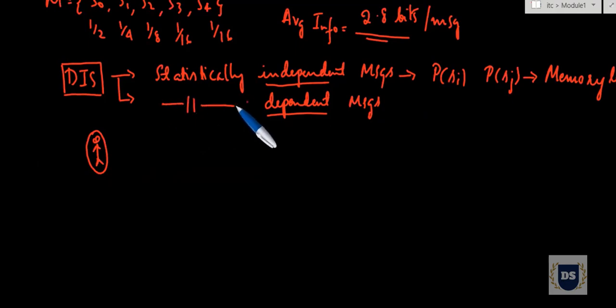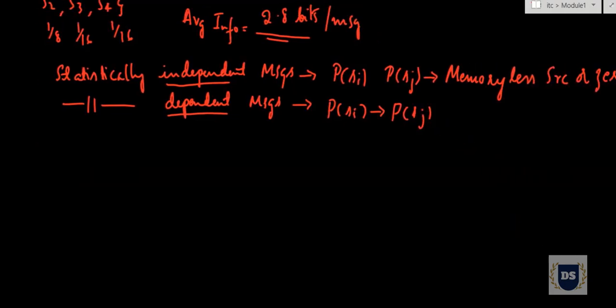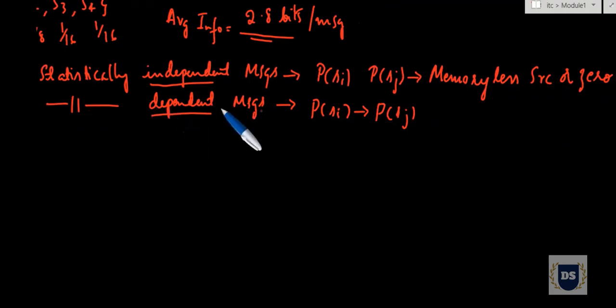Whereas on the other hand, a statistically dependent message source is one where the probability of occurrence of a symbol Si actually depends upon the probability of occurrence of symbol Sj, and thereby a discrete information source emitting statistically dependent kinds of messages is called a memory source. The case of memory sources was first studied by Markov.